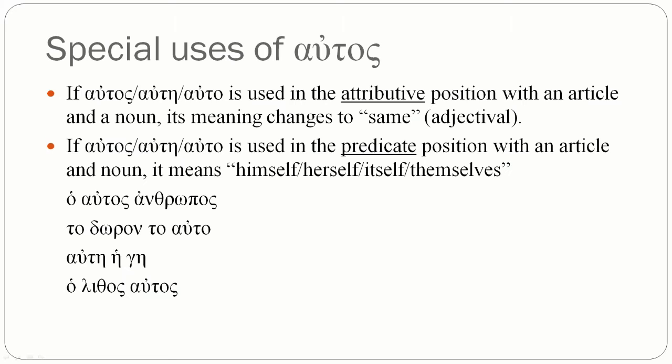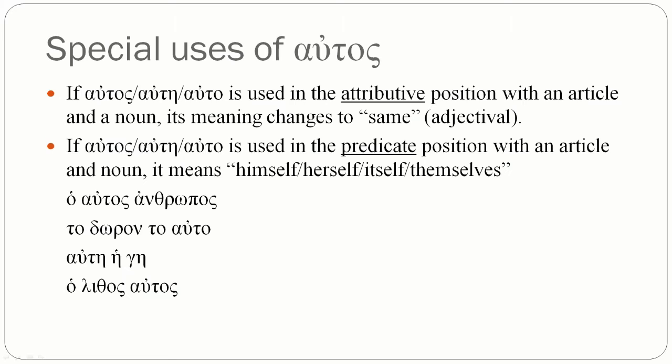In the attributive position, it is an adjective meaning the same. In the predicate position, it's an intensifier. It means himself, herself, itself, or themselves, and that self at the end just intensifies it. Paul himself. Priscilla herself wrote this.